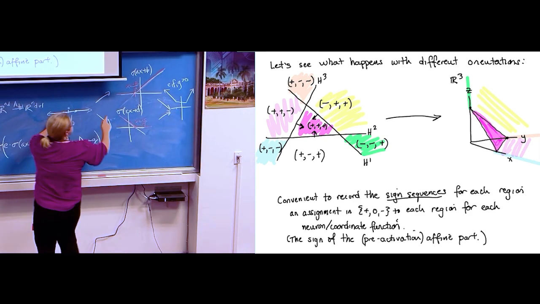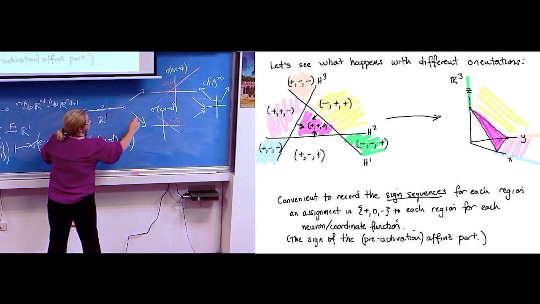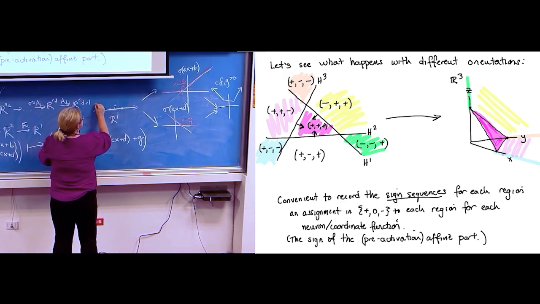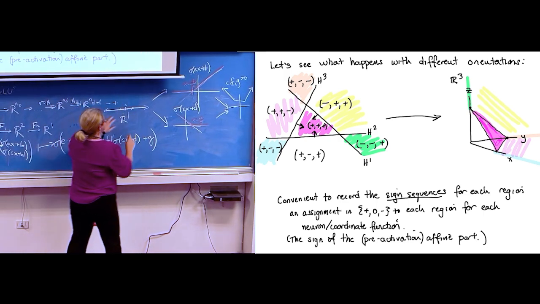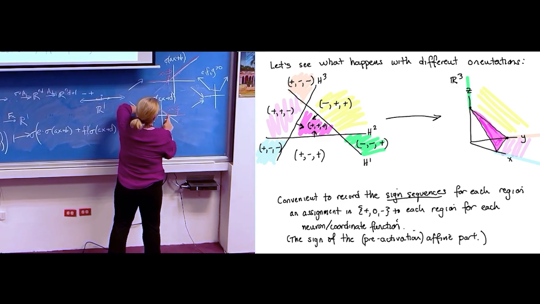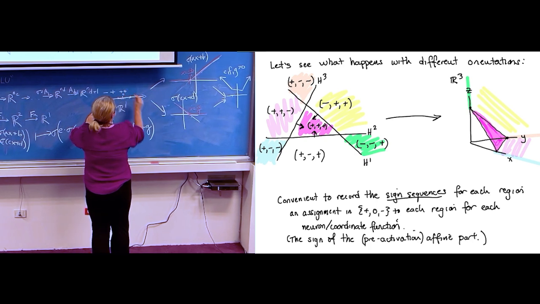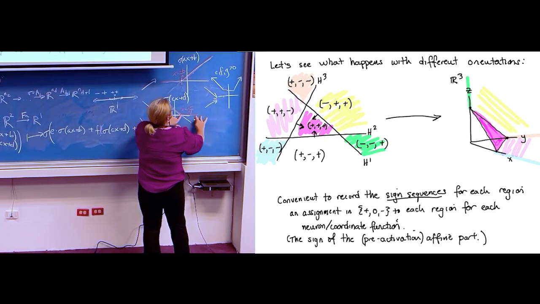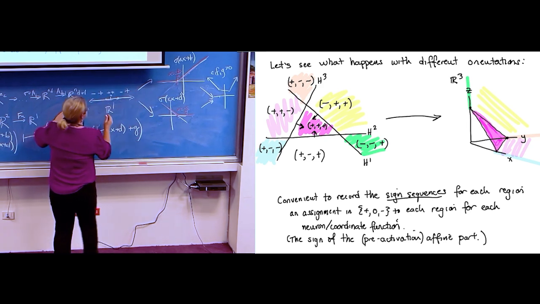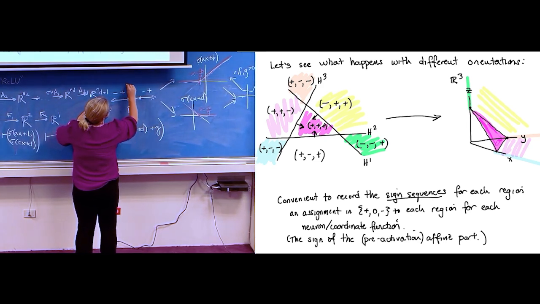In this region, neuron 1 is off, neuron 2 is on, so it's a negative and a plus. In this region, they're both on, so it's a plus and a plus. And in this region, this one is off, this one is on, so it's a negative and a plus. And then if you want, you can code these points as being zeros.